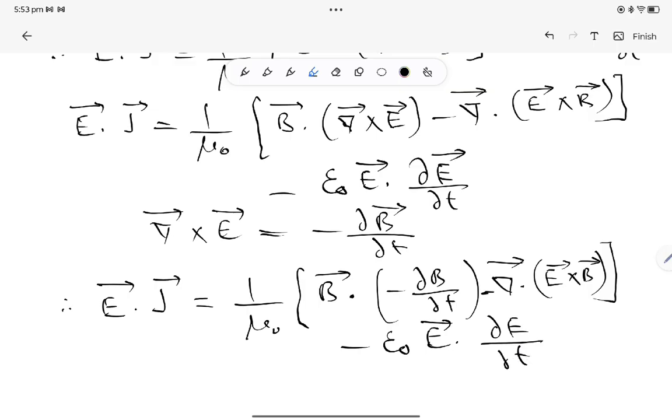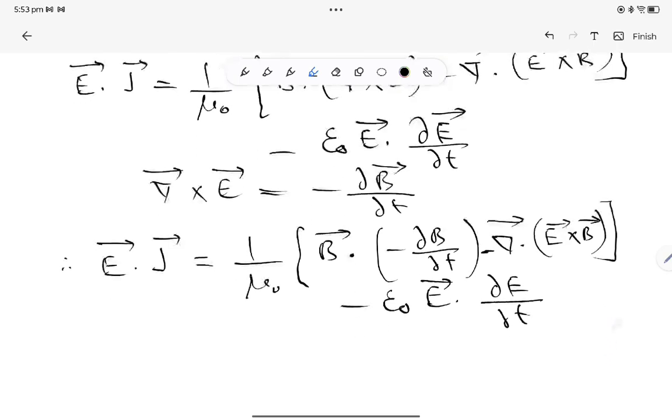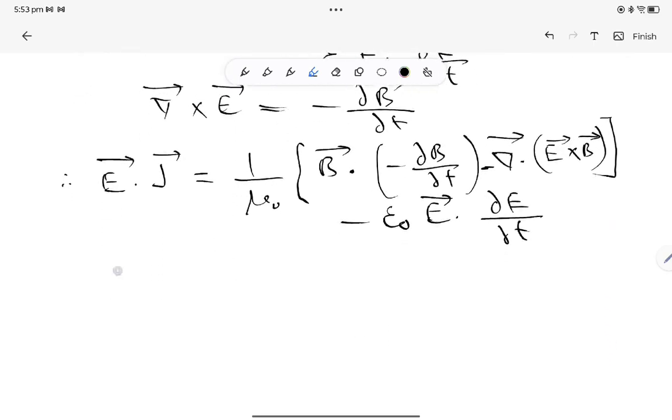Now next we use a simple result from vector calculus. Suppose we have to differentiate B square with respect to time, del by del T B square. We can write B square as B dot B, because B dot B is B square.